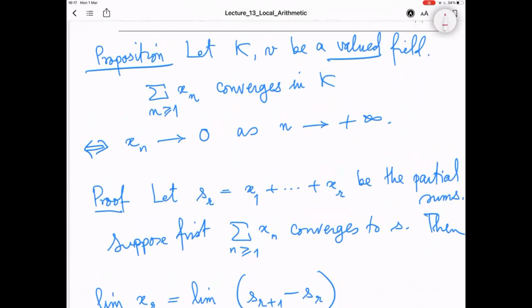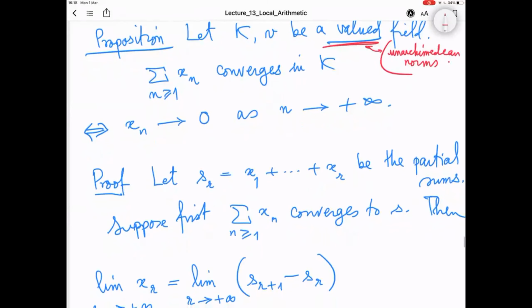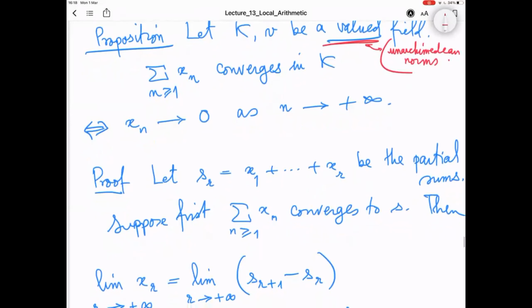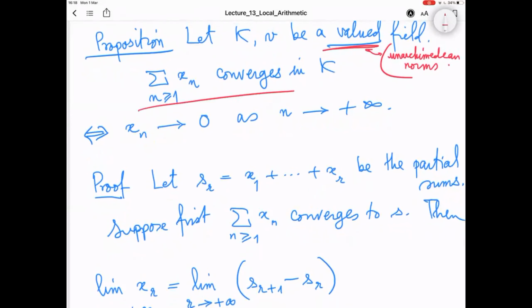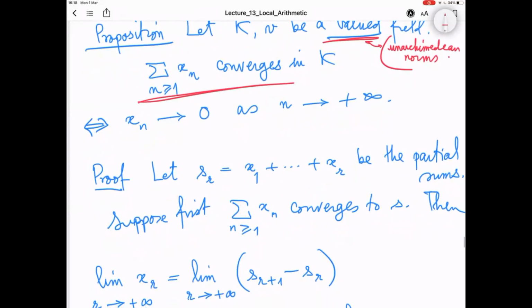Okay, now here is something which is somewhat peculiar for these valued fields. Valued fields are the ones which correspond to non-Archimedean norms, right? So the unusual thing is that a series converges if the general term tends to 0.